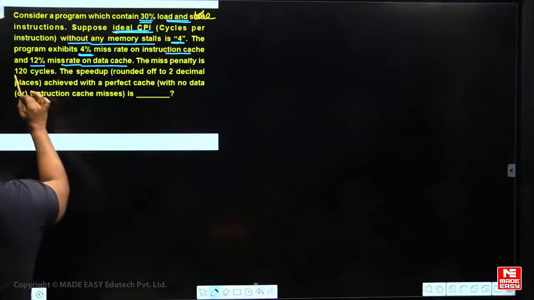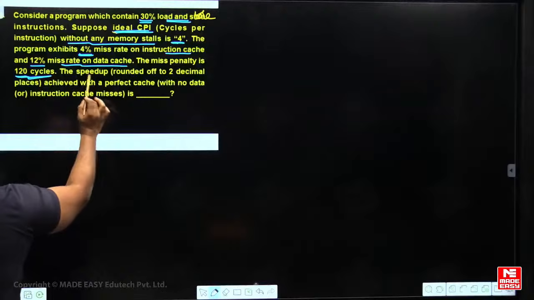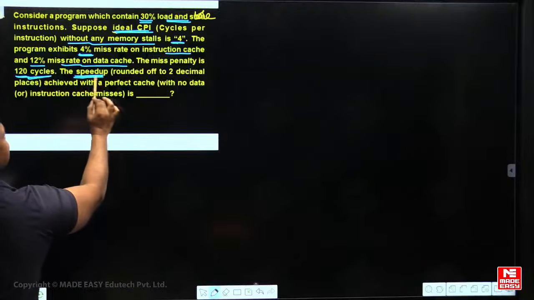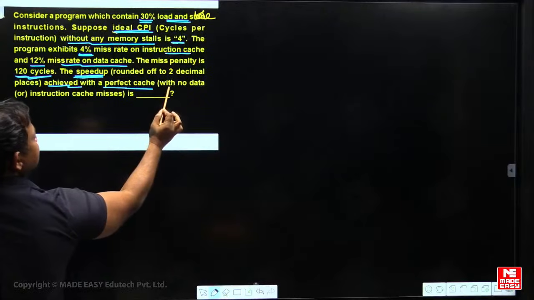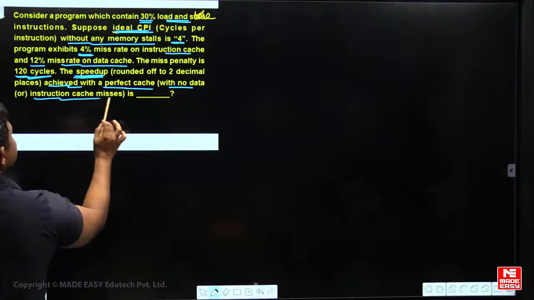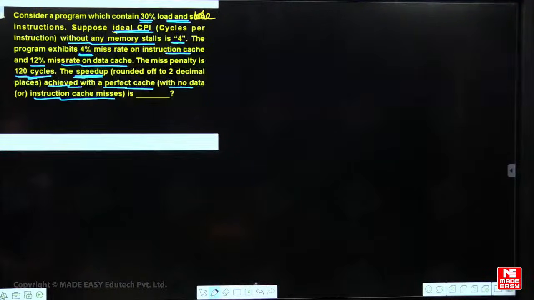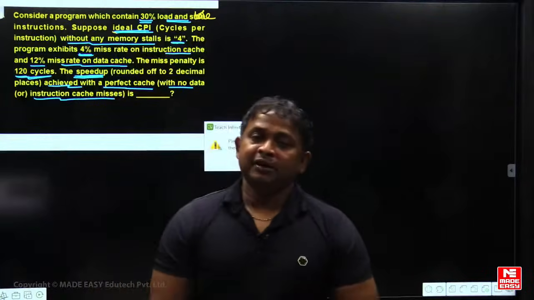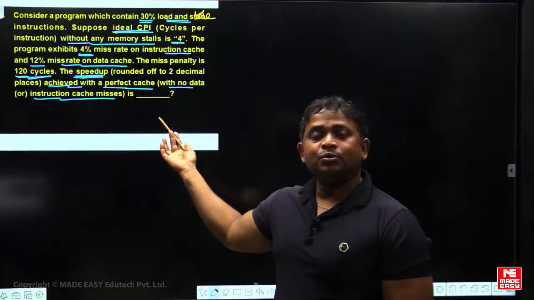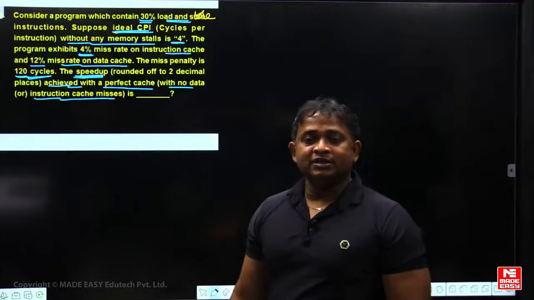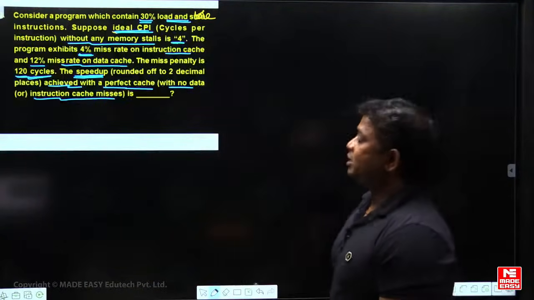Miss penalty is 120 cycles. What is the speedup achieved with a perfect cache, with no data or instruction misses? How much performance gain is there with a perfect cache over a normal cache? A normal cache has compulsory misses. Without misses, when you run the program, how much performance gain is present? That we need to calculate.